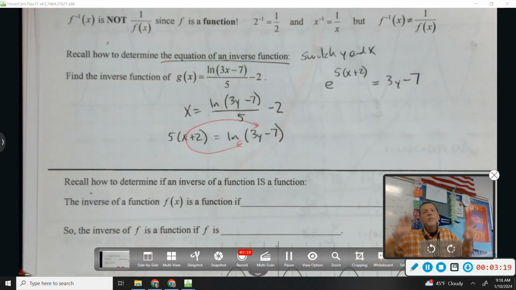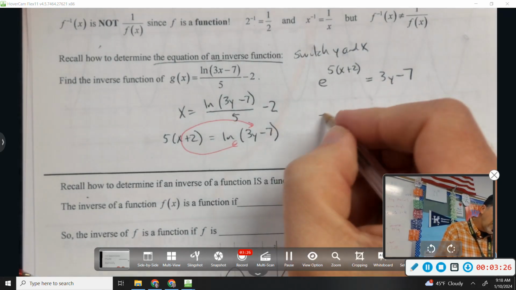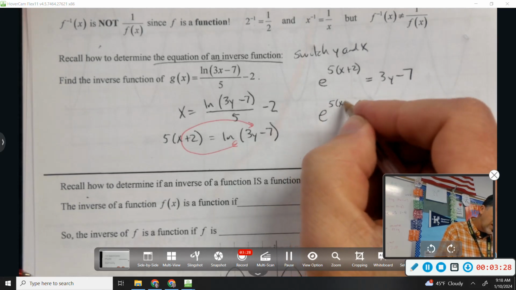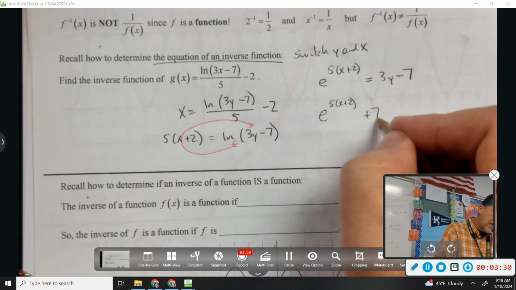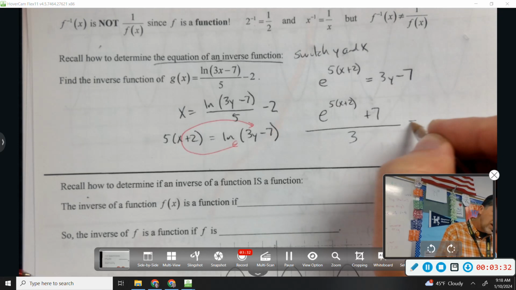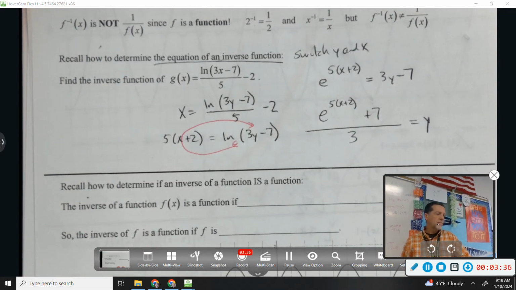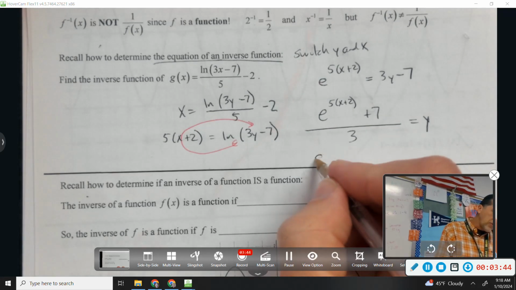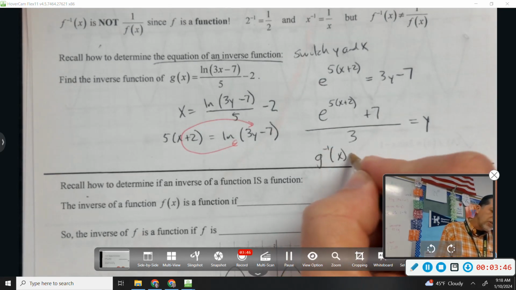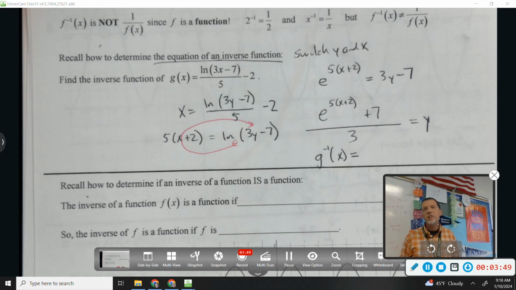You can e both sides, or you can fishhook. It's the same thing. So let's add 7, and then divide by 3, and there's our inverse function. Switch x and y, solve for the new y. Do you have to put y^-1? The best answer would be g^-1, because you're telling me that that's the inverse of g.